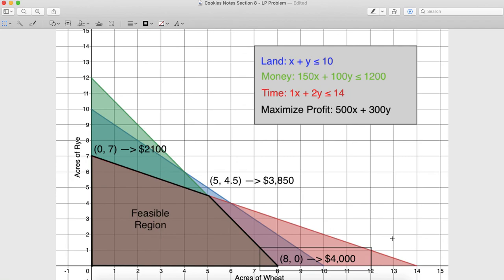So he wouldn't even want to mess with the rye. The rye does not make him enough money to be worth it. So Jim should plant 8 acres of wheat and no acres of rye. And that's going to be the combination that maximizes his profit in the end.